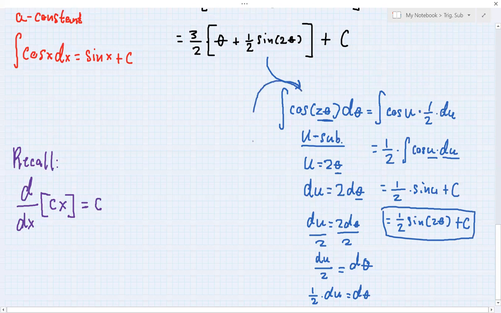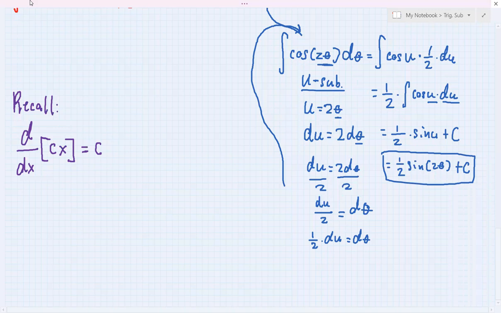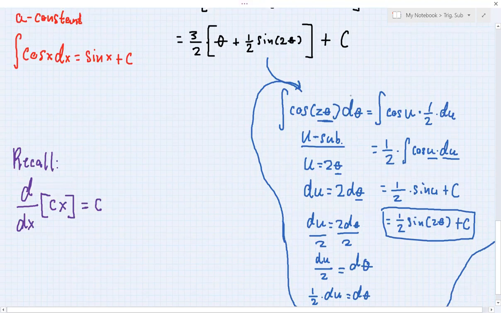Ilagay ko yun dito yung formula dito na drawing. Okay. So that's it.